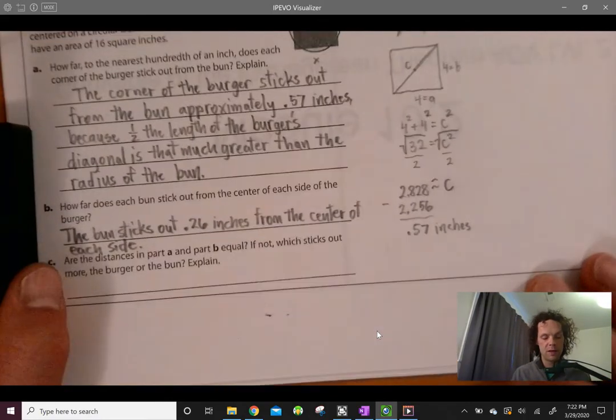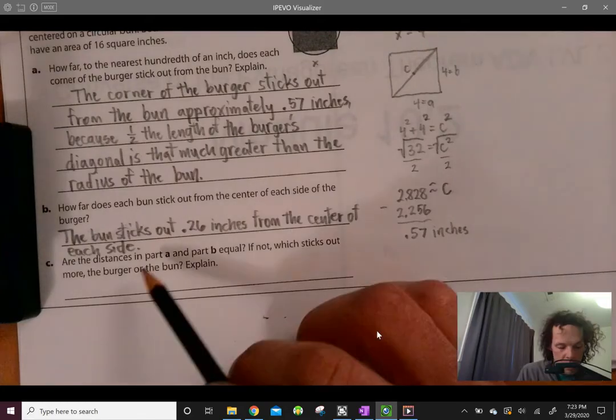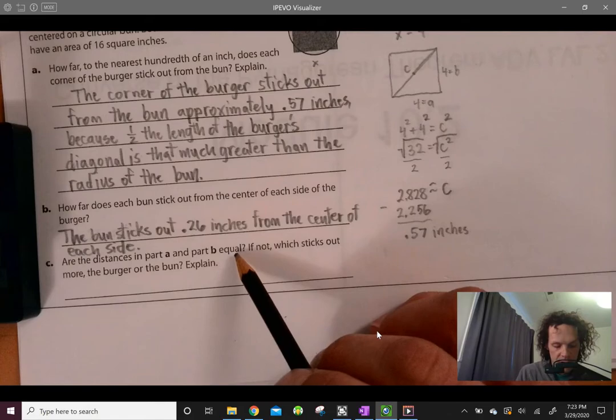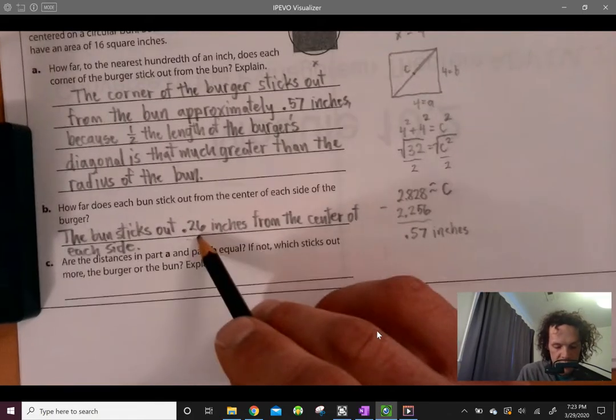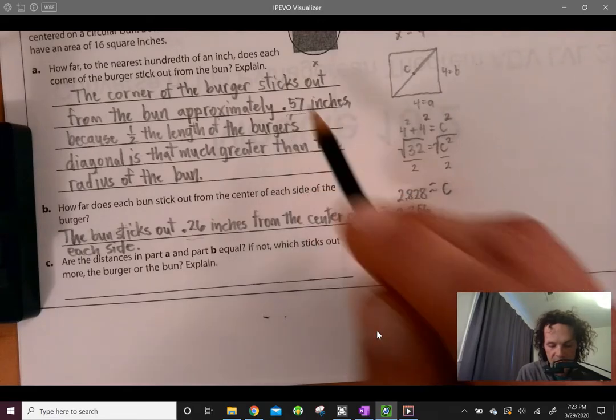Okay, now the last part of that problem asks us, are the distances in part A and part B equal? If not, which sticks out more, the burger or the bun? Explain. The distances in part A and part B are 0.57 and 0.26.